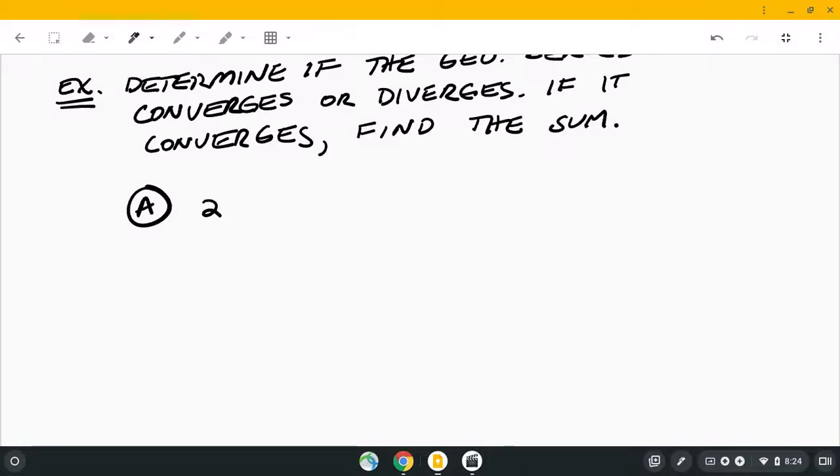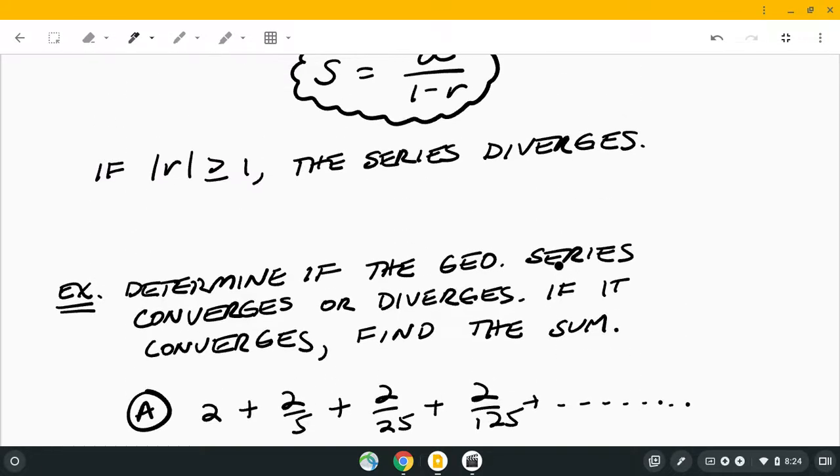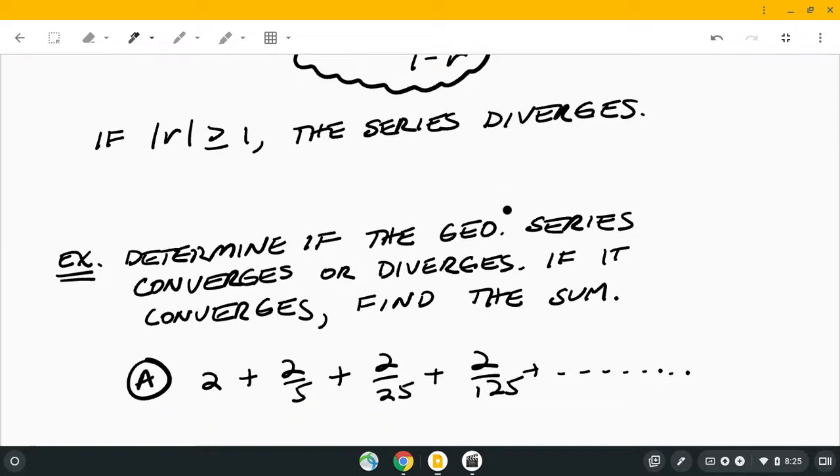Suppose I have this: 2 plus 2 over 5 plus 2 over 25 plus 2 over 125 plus, and it goes on forever. First of all, we need to determine whether or not it converges or diverges, and it says up here that it all depends on the absolute value of R. If the absolute value of R is less than 1, then it converges. If it's greater than or equal to 1, then it diverges.